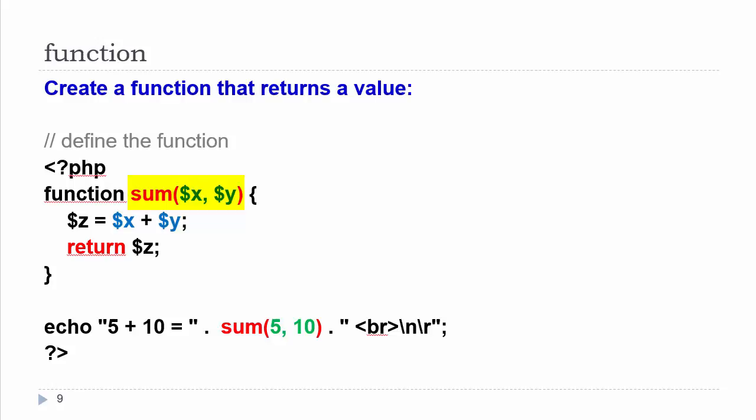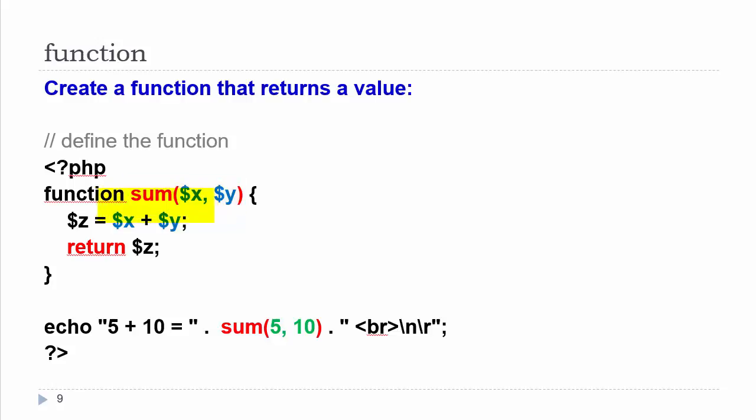So here we see a function where we are summing up two numbers. When we create or define this function called sum, we have two parameters, two variables. Notice they are comma separated.